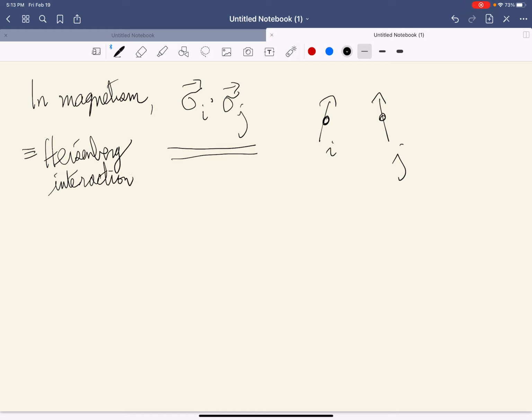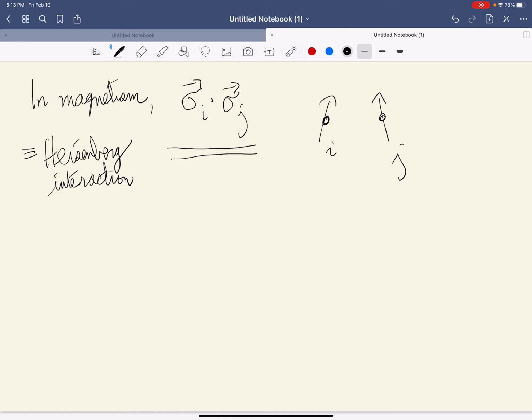Okay, and this is one of the most interesting and most important interactions in condensed matter, because spin systems that are governed by such interaction can give rise to all kinds of exotic physics, especially in low dimensional systems, one dimensional and two dimensional systems in particular.